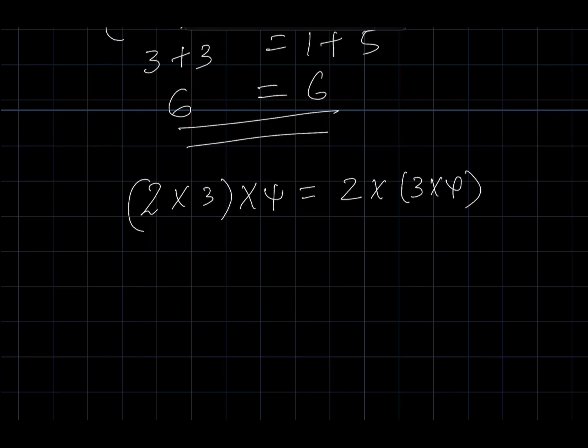If I multiply 2 by 3 first, then that result multiplied by 4 will be the same as if I multiply 3 by 4 first and that result multiplied by 2. The first one is 6 times 4, and the other is 2 times 12. In both cases, I will get 24, which is equal to 24.